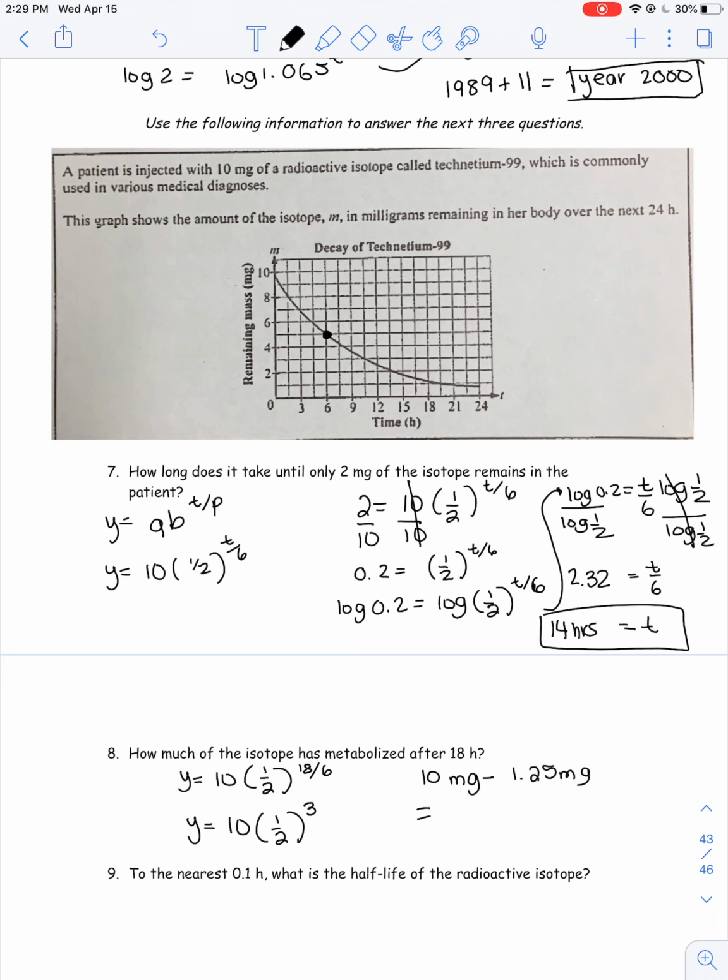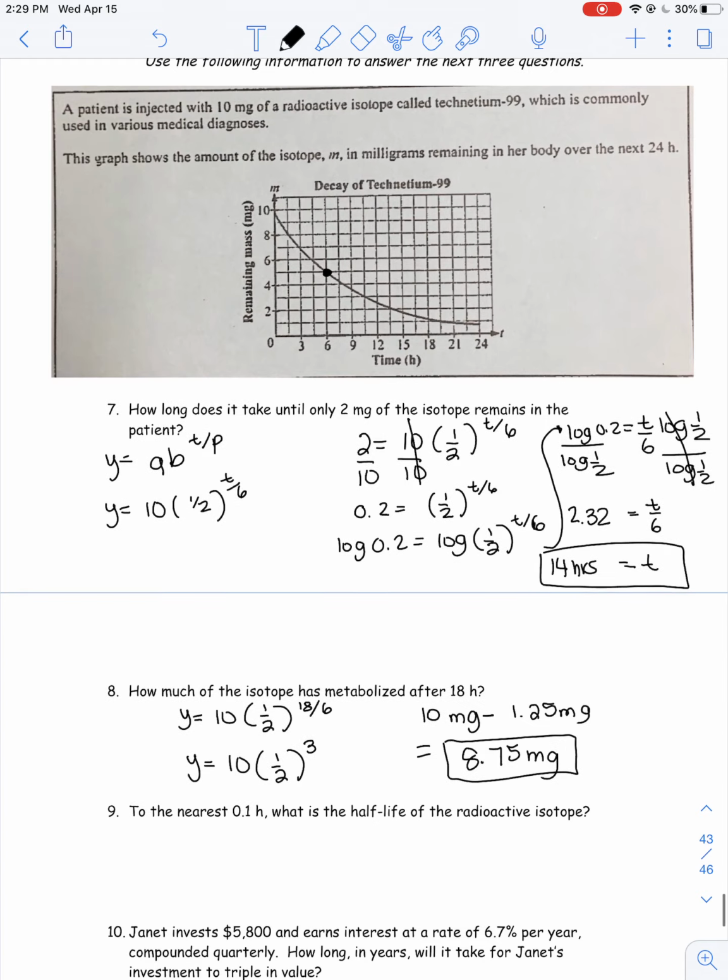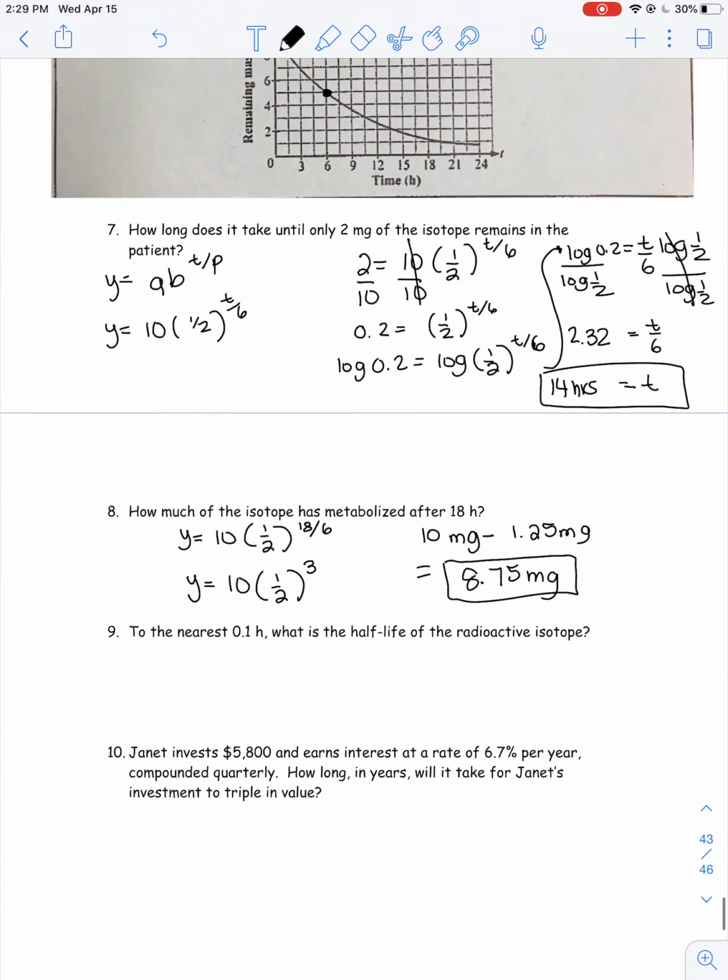We're trying to figure out how much has been used or gone. And so we find that the answer is 8.75 milligrams has been metabolized. So the difference between our answer and the initial starting amount, which was 10 milligrams.